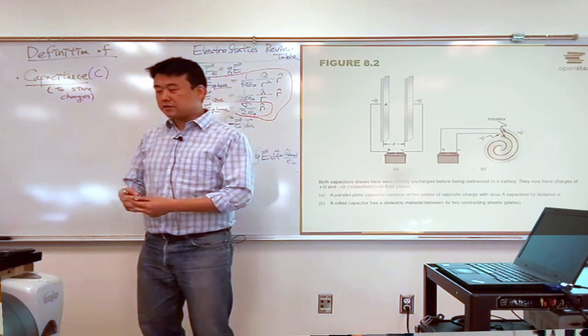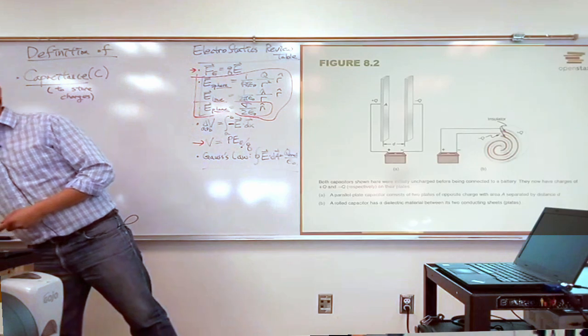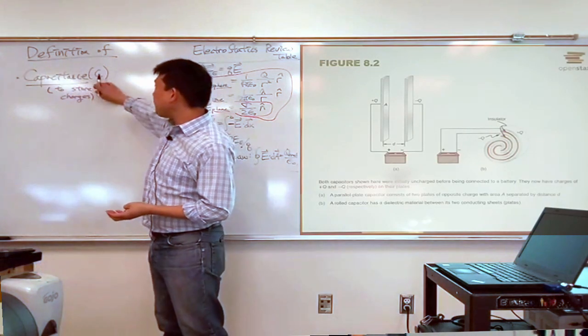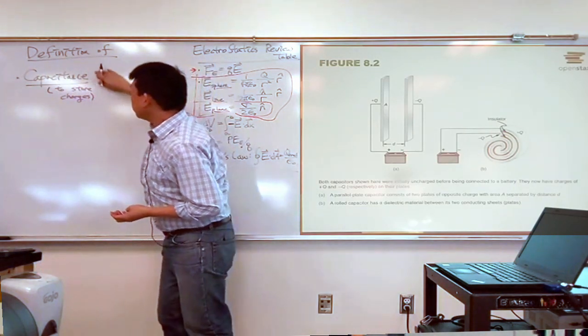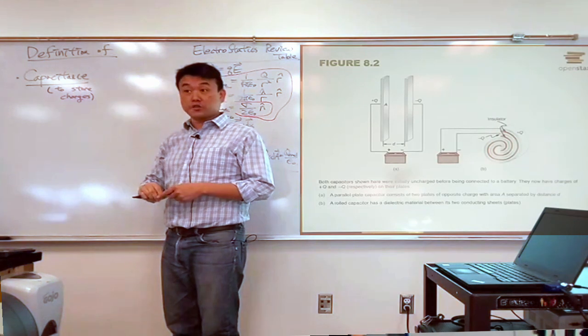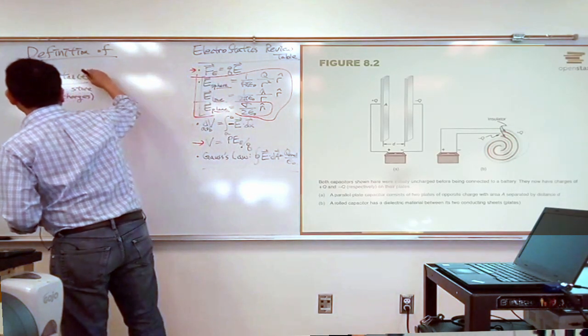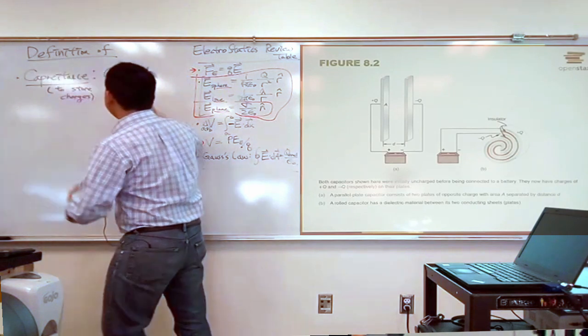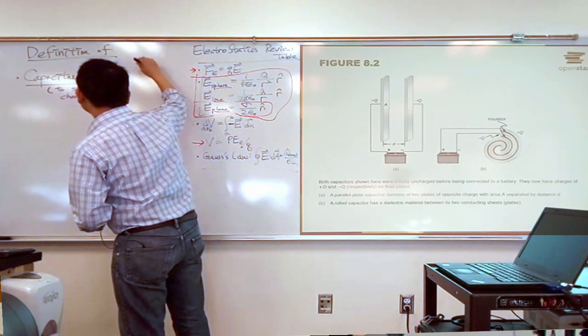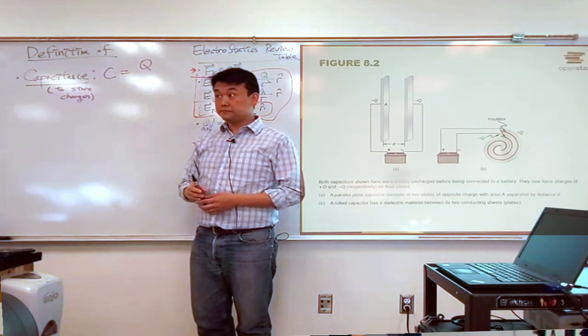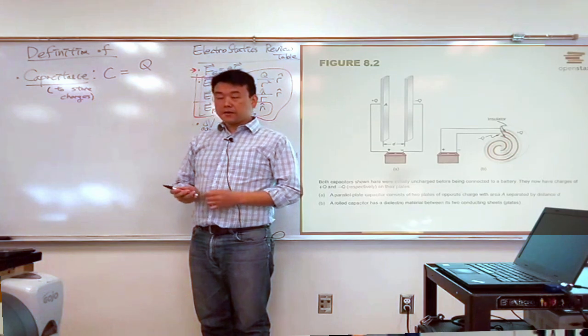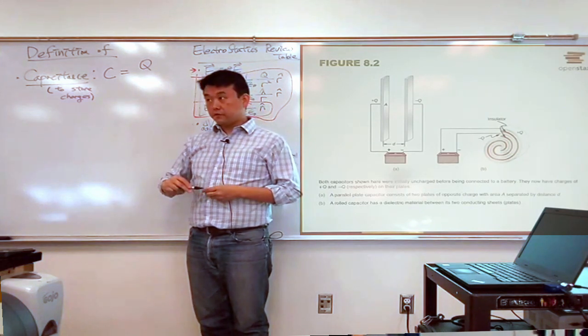So let me tell you this. One of those quantities that will be involved in defining capacitance C is going to be the amount of charge, right? We are talking about a capacitor to store charge, so I am going to be interested in how much charge is stored there. But there's going to be one more quantity involved.